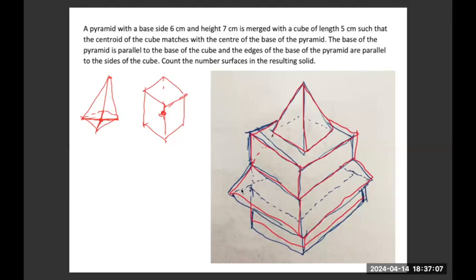Now, what I've drawn here is the actual configuration. When I'm using this pink colored line, that is the whole pyramid, which is given here.